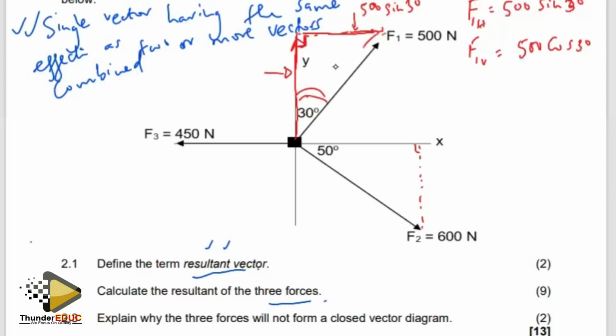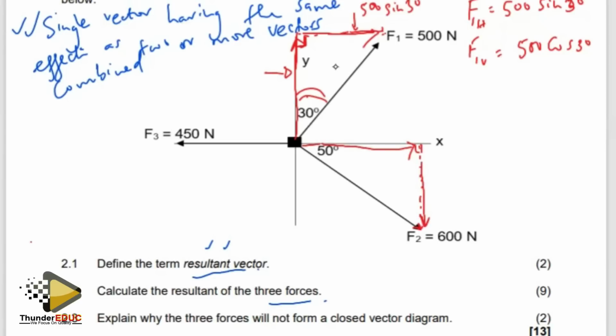Then if I look at F2, if this is my resultant, I resolve it into this, and then I'll have this downwards.